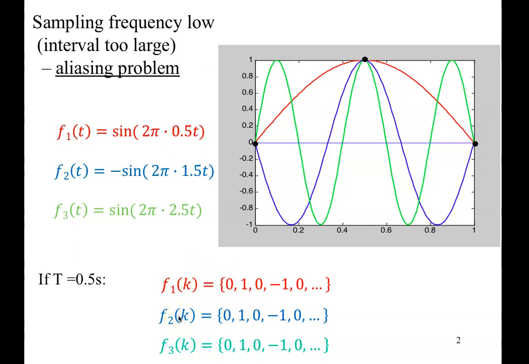So you get mixed up. If I have two sequences mixed together, F1 and F2, or F1 and F3, then they will both be mixed up as if they were this signal. This is one of the problems with digital control that you have to watch out for: selecting the right sampling interval to avoid this aliasing problem.